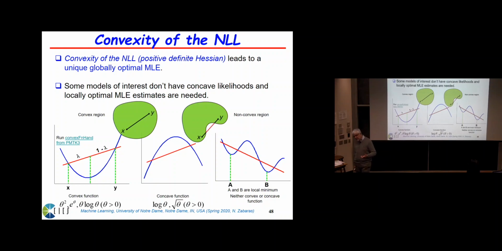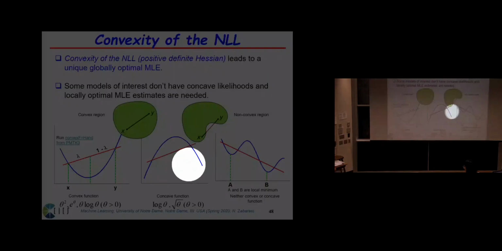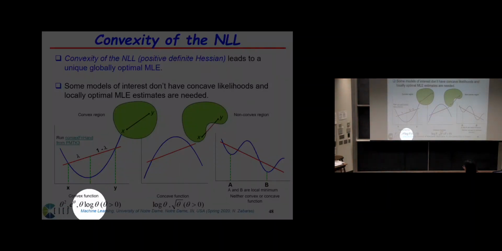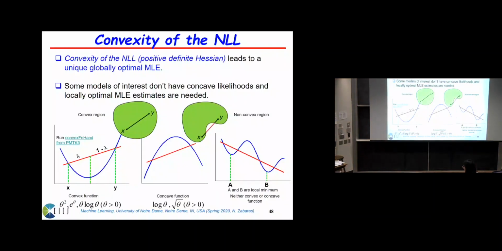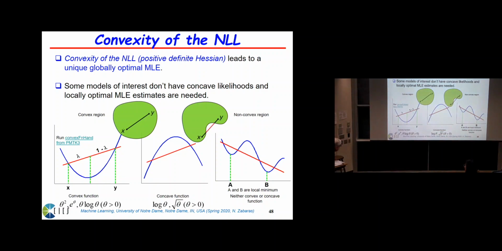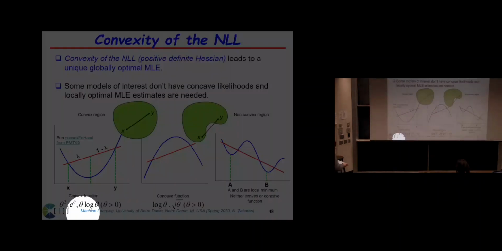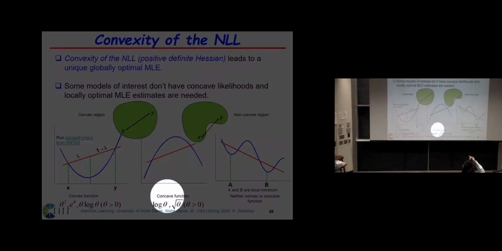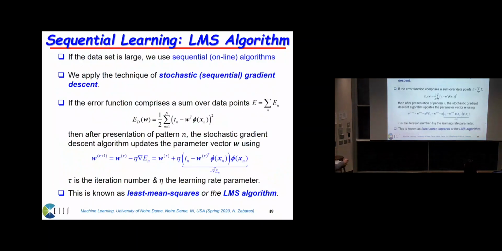There is a reason I put these functions there, especially theta times log of theta, because it will come up everywhere when we discuss entropy. Okay? So theta log of theta is a convex function, but log of theta alone is a concave function. That's as much as I want you to know about this.